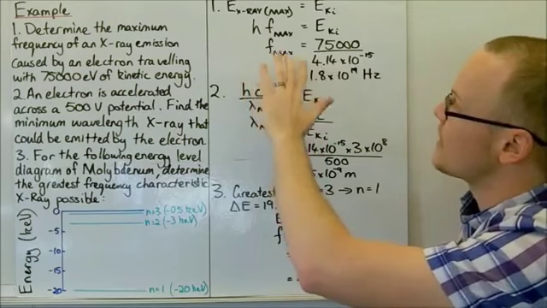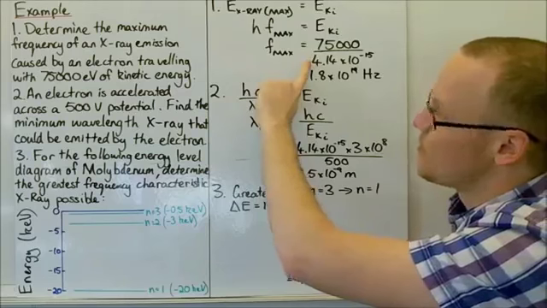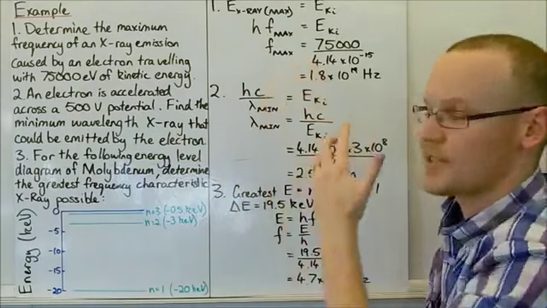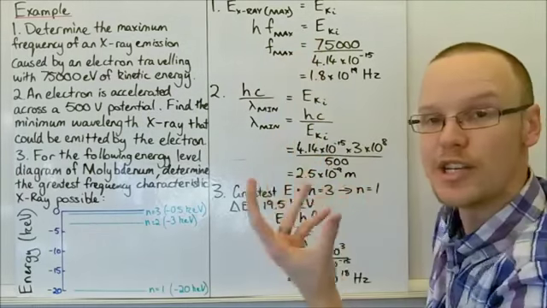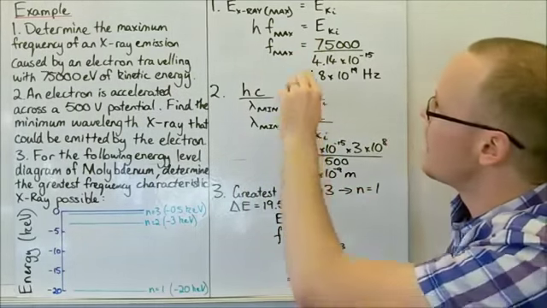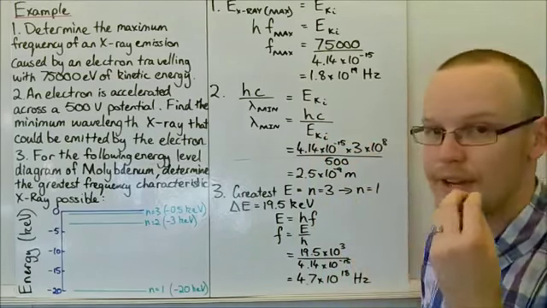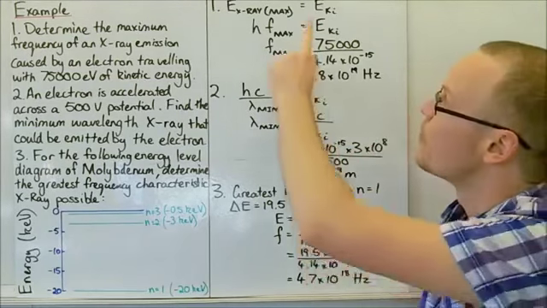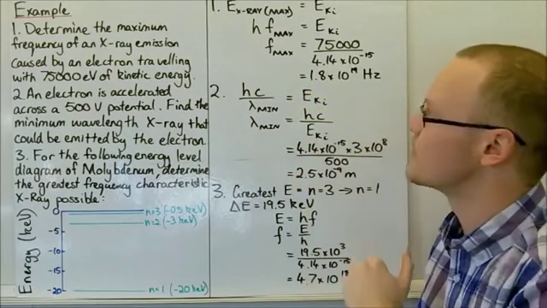So the maximum frequency will be the kinetic energy that the electron has divided by Planck's constant, and I've used Planck's constant in units of electron volt seconds because that's the units our energy is in. And finding that, we find that the maximum frequency that an X-ray could have emitted from an electron with this amount of energy is 1.8 times 10 to the 19 hertz.